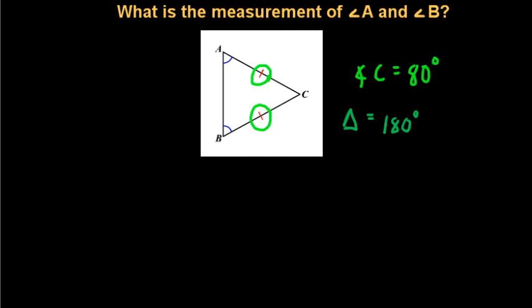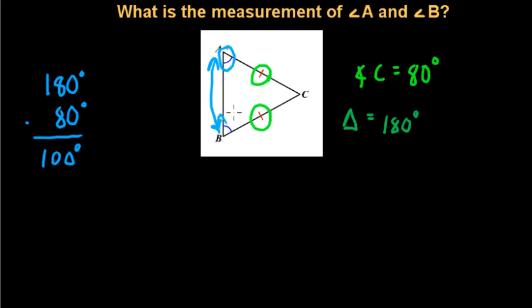Let's try that and see what we get. I start with all the angles, 180 degrees, and I take away angle C. That leaves me with 100 degrees. Because this is an isosceles triangle, A and B are equal to each other. These 2 sides are the same, so these 2 angles are the same.